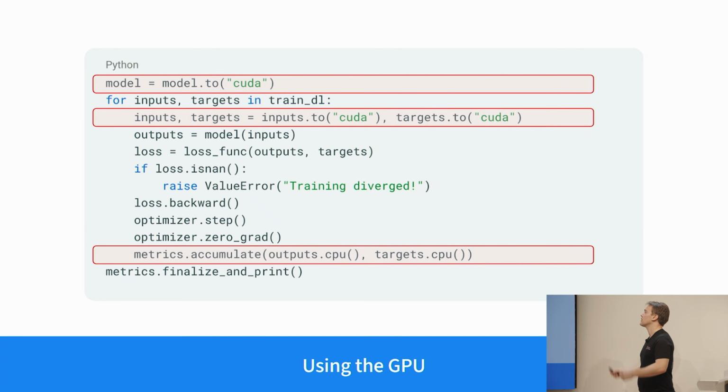Now PyTorch supports many kinds of GPUs, but they didn't update this specific API, so sorry, AMD. So you move your model to the GPU, you move your inputs and targets to the GPU, then all of the heavy computation that we saw before, so the forward of the model and the backward of the model, where you have lots of matmuls, you use the GPU for that. And at the very end, we move back our outputs and targets to the CPU to be able to compute our metrics.